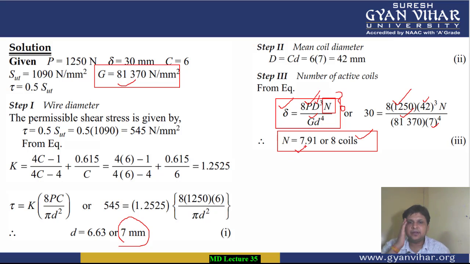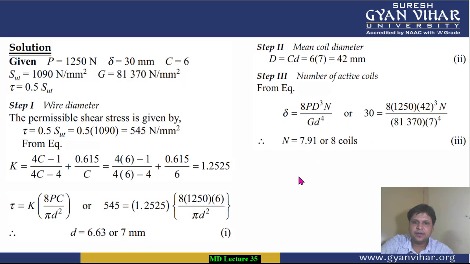Since the number of coils is coming in decimal, and we can't have a coil in decimal, because the number of coils should always be a whole number, we directly round off 7.9 and consider it equal to 8 coils.